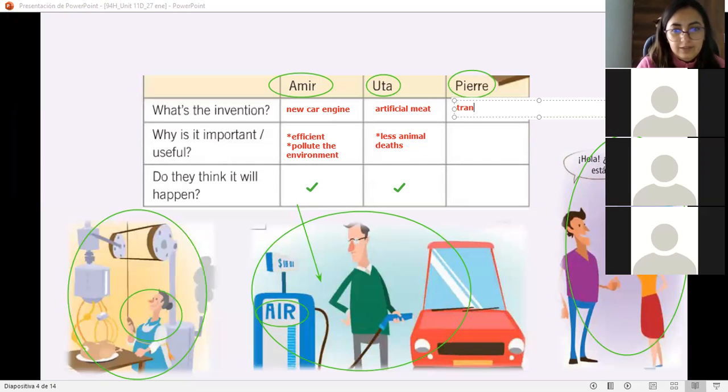Okay, everybody, now that we end, tell me what was the last invention? Translator. Yes, something you use a lot. The translator, right? But this is a specific translator. Why is this useful? ¿Por qué es tan útil este traductor?